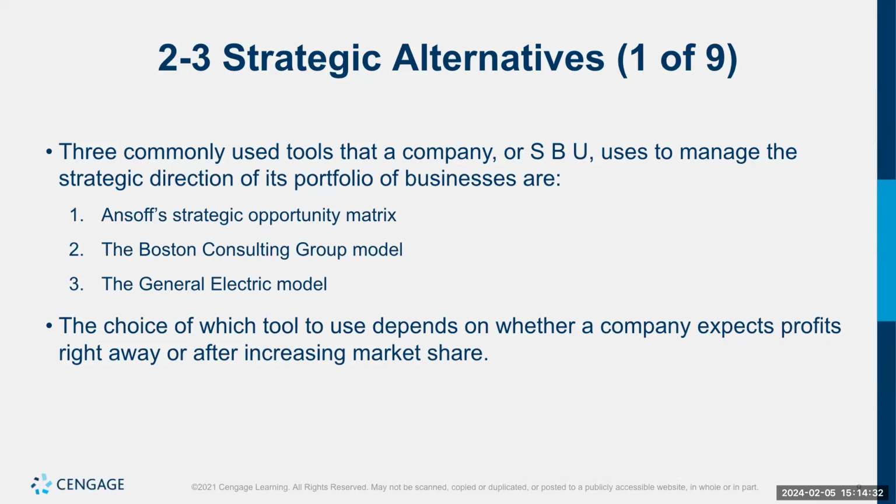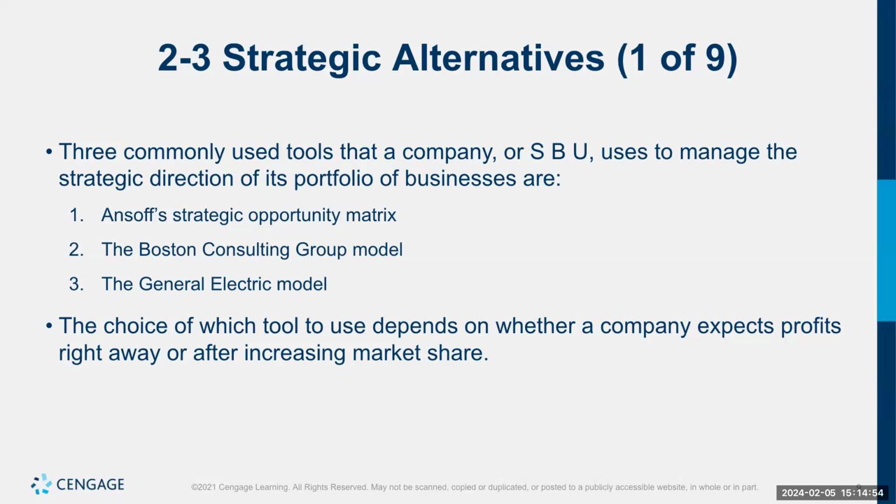In the next quadrant over, you have cash cows, and these are high market share businesses in low growth markets that generate consistent cash flow but require minimal investment. It's called a cash cow because essentially you're milking that profit at a very minimal investment.